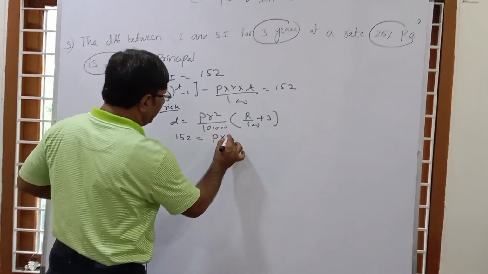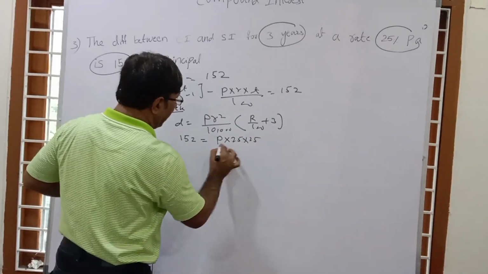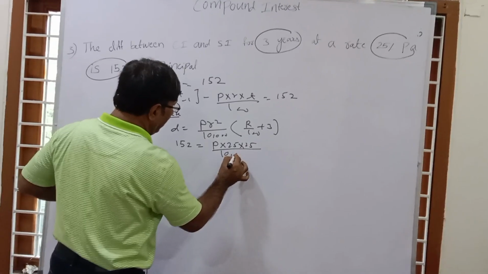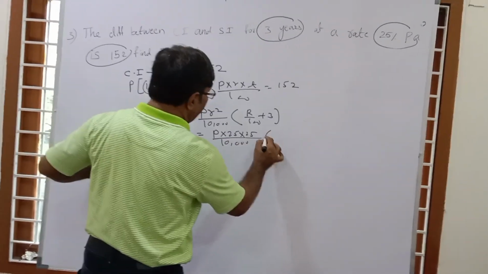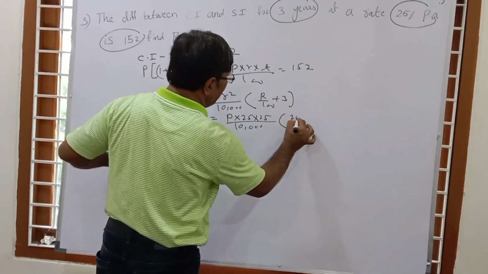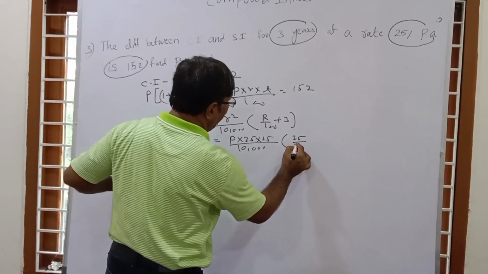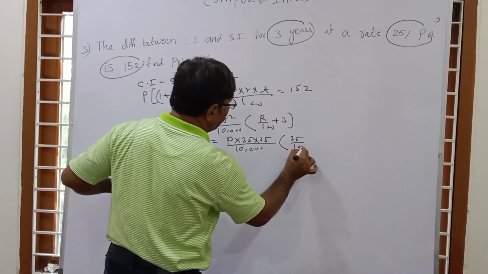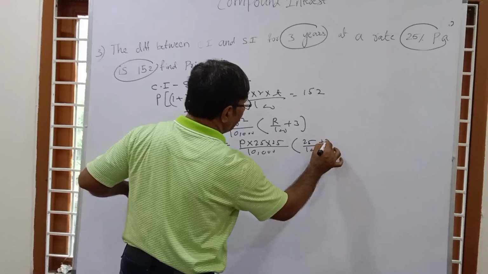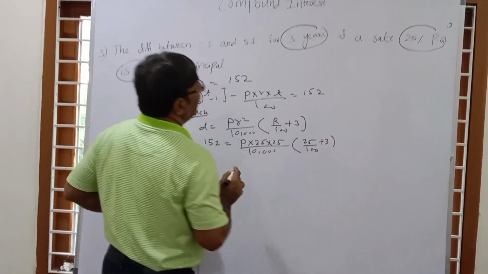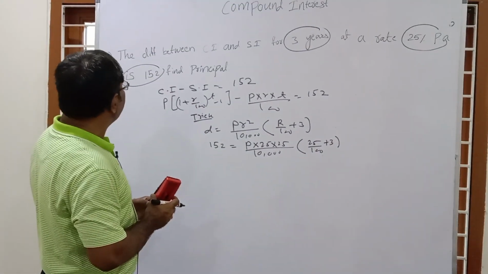Rate is given as 25%. So this is 25 into 25 upon 10,000 into (rate by 100, that is 25 upon 100, plus 3). The rate is given as 25% per annum.